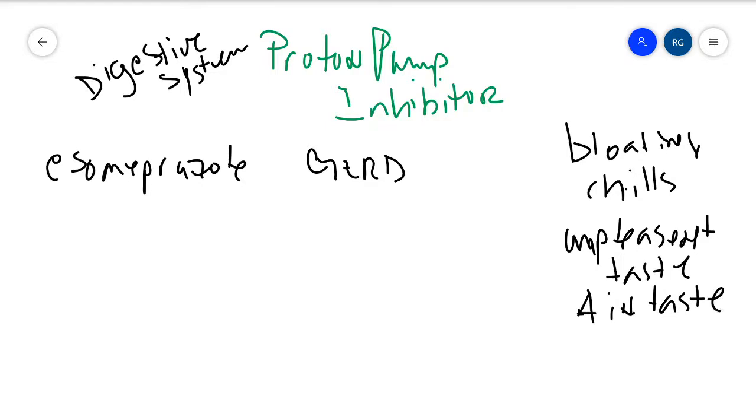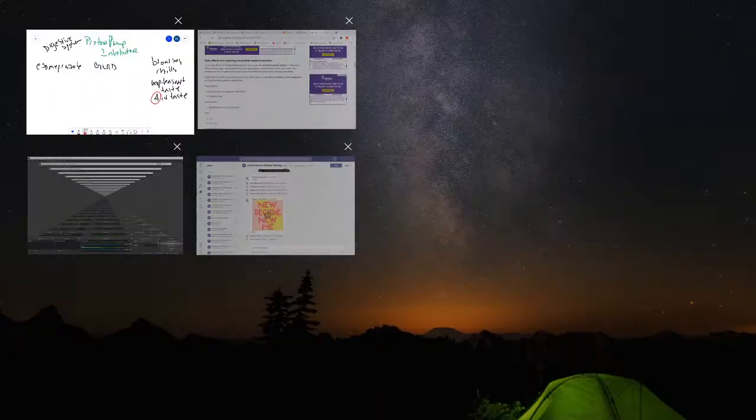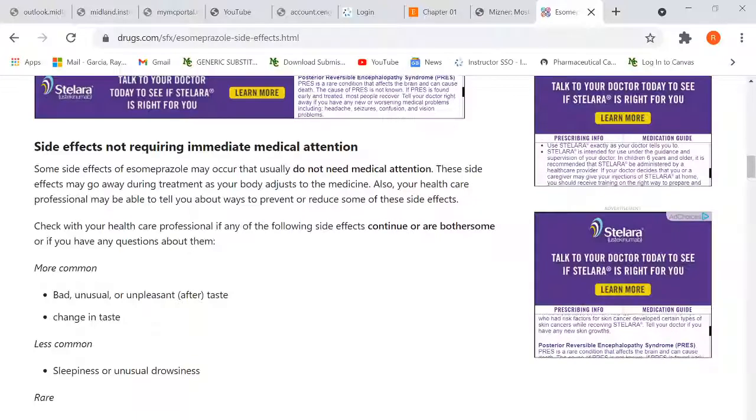Anytime we see a triangle like this, that just means change. So it may cause bloating, chills, unpleasant taste, and change in taste. Proton pump inhibitor, PPI. Let's see if we can find another one here.